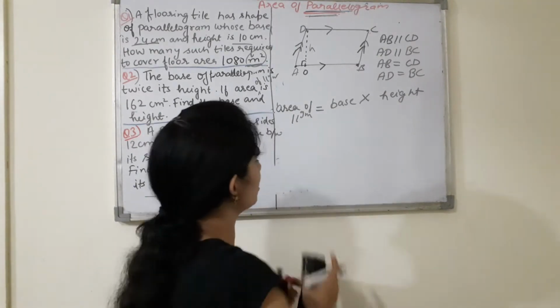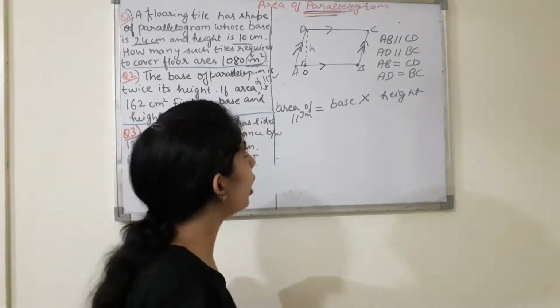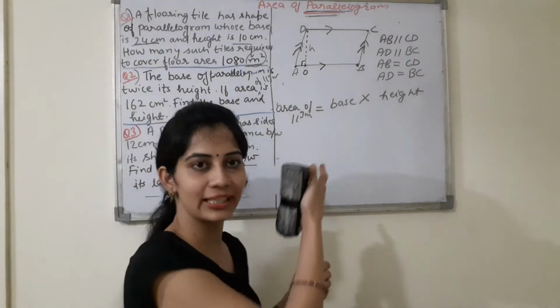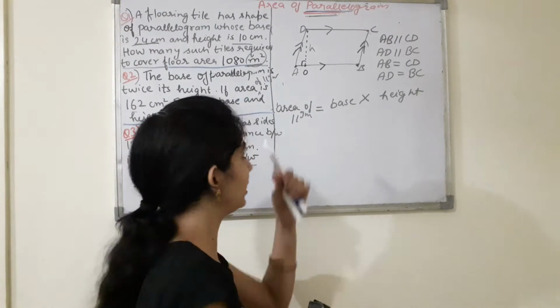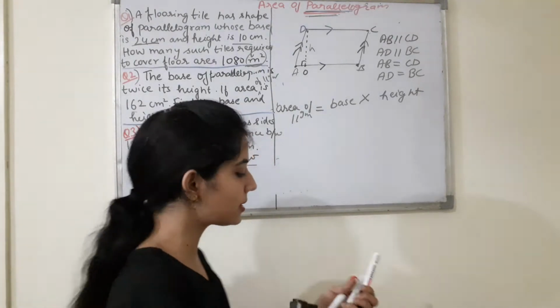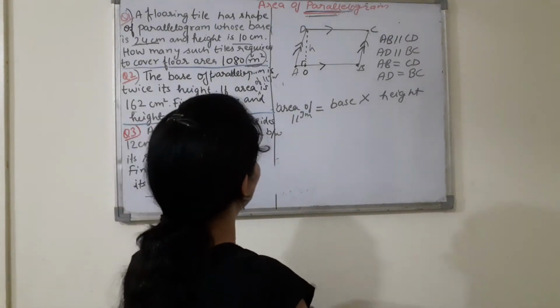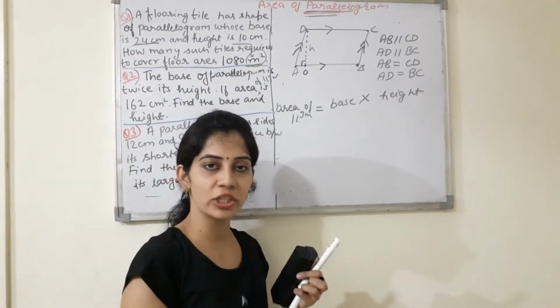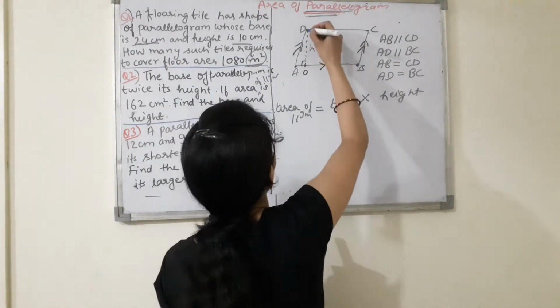Now next, a very important thing that you should know about is the diagonals of a parallelogram. As we know, it is a quadrilateral, so it has two diagonals. Now what are the diagonals? When we join two vertices that are opposite to each other, they make diagonals.